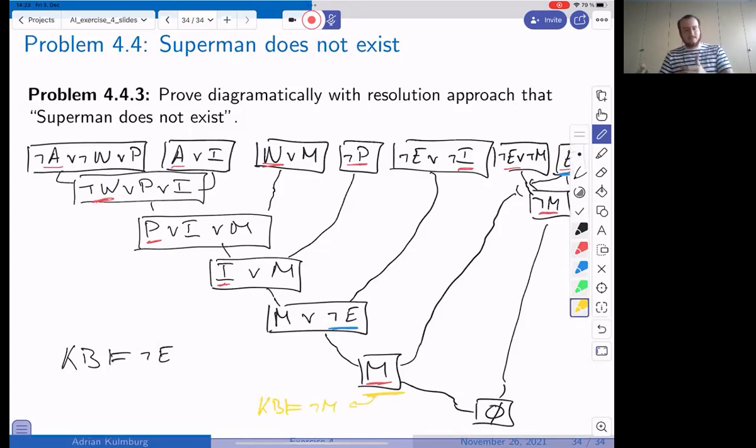Because if I had, wait, is that correct? No, sorry, it entails M, because if I add the negation of my goal, and that negation of my goal is not M, right? Then I get the empty clause directly.